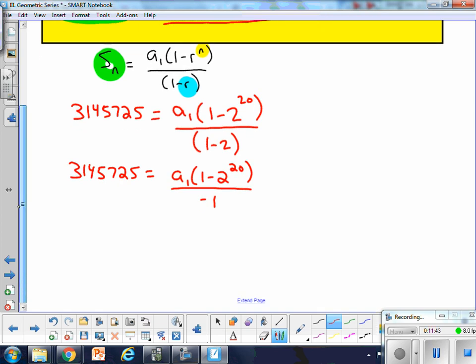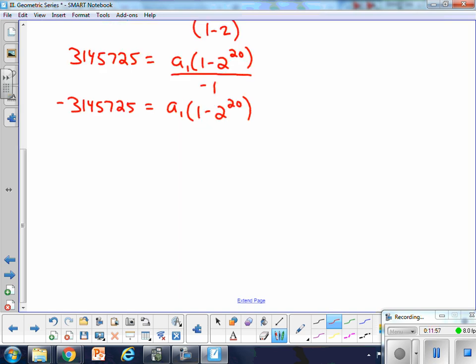So I would first just multiply both sides by negative 1. Okay, equals a1 times 1 minus 2 to the 20th. And then all we got to do if we want to solve for a1 is just divide both sides by 1 minus 2 to the 20th power.